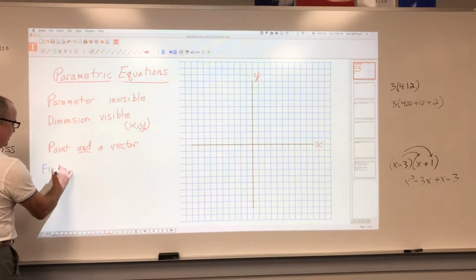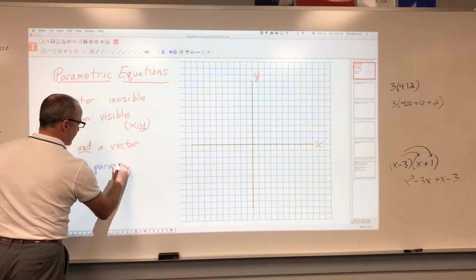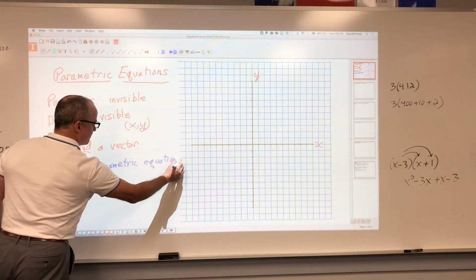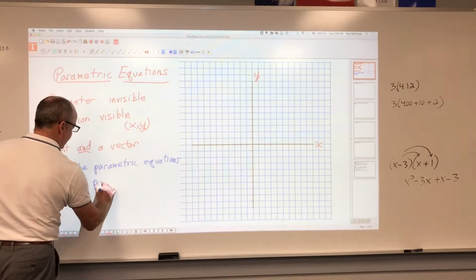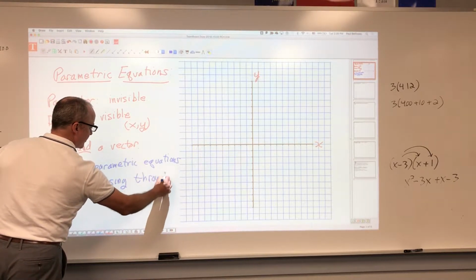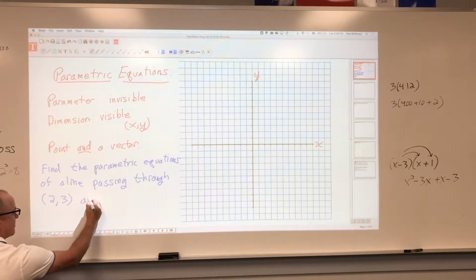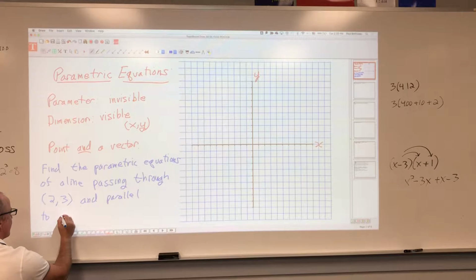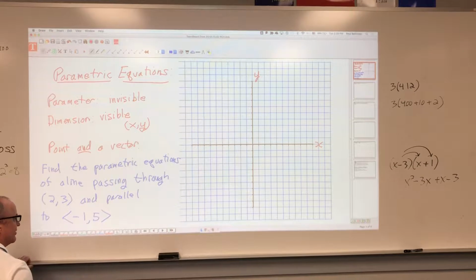We are going to find the parametric equations of a line passing through, and this is the exact example I previewed with Lauren earlier, a point, I'm going to say (2, 3), and parallel to a vector, and that vector is going to be (-1, 5).